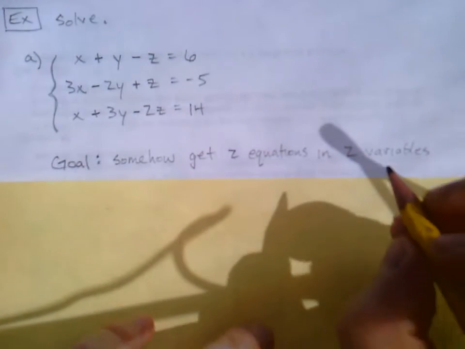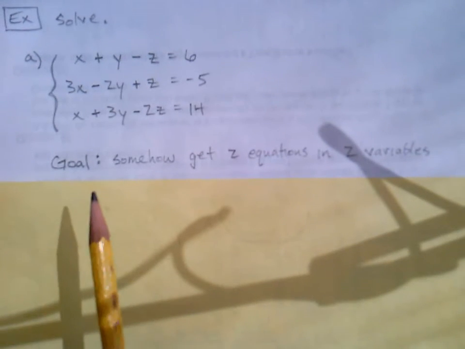Now, how we get the two equations in two variables varies from problem to problem. Some problems, you might take a certain angle to get two equations in two variables. Other problems, it's not so easy. We're going to look at two different styles, really. This one is the more general style.